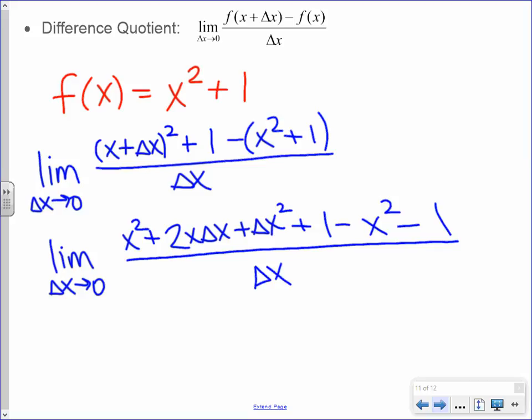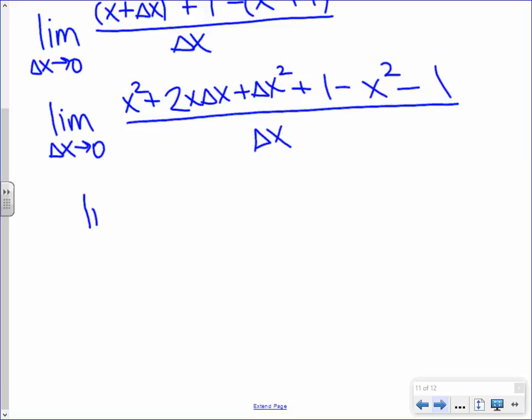If the delta x confuses you, change them to h's. That's not a problem. All right, so what can happen in our numerator? You can cancel the x squareds and the 1s, right?